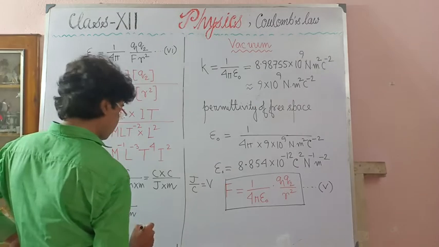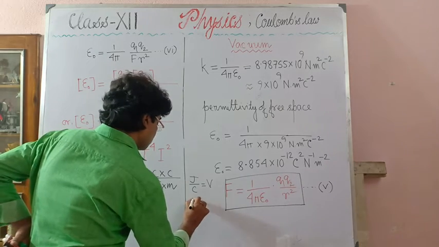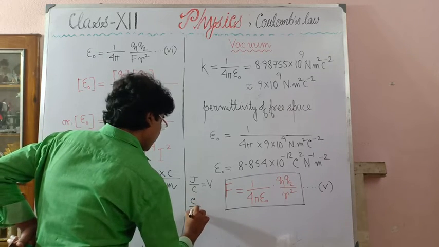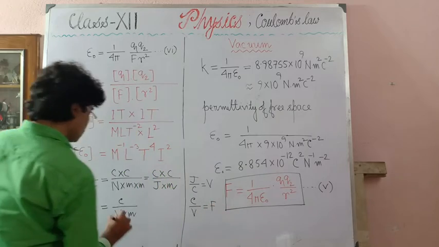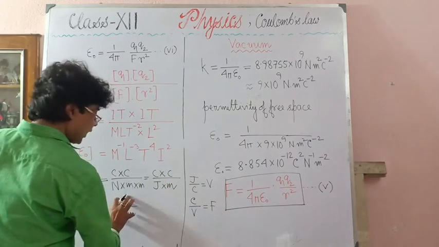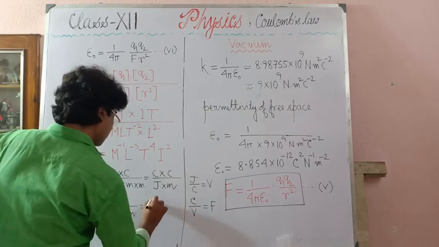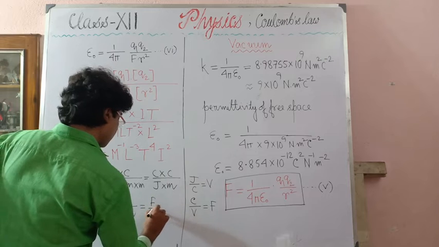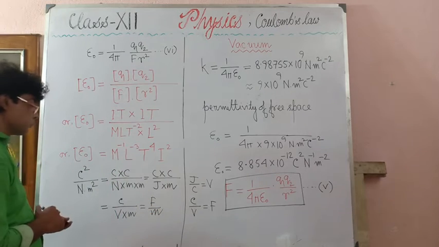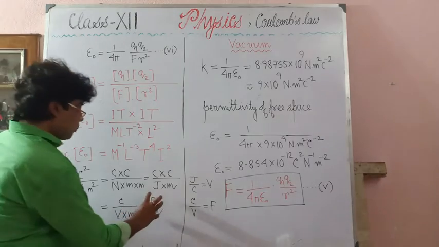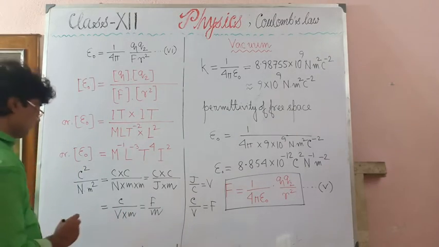And again, Coulomb by volt equals farad. So, this equals farad per meter.